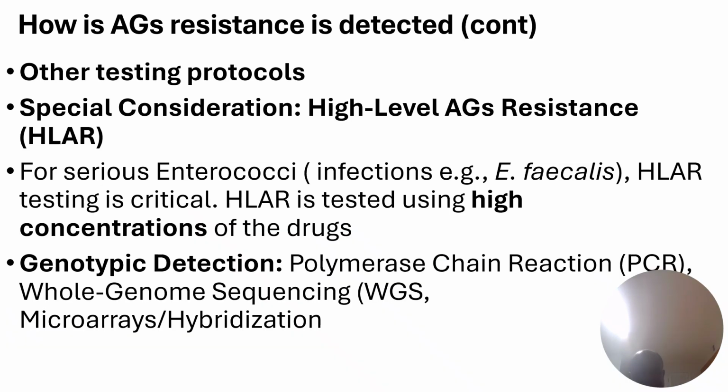How is AGS resistance detected, continued. We have other testing protocols, such as high-level AGS resistance testing used for serious enterococcal infections. High-level aminoglycoside resistance testing is critical because there are some diseases that need very high concentrations of drugs, and also to detect the presence of resistance.